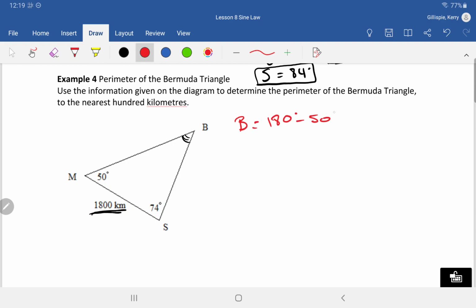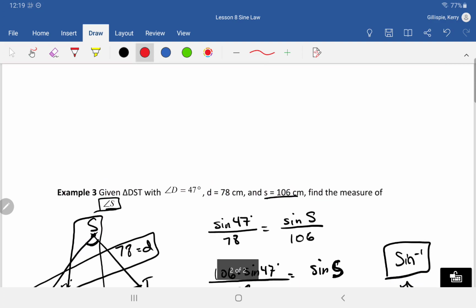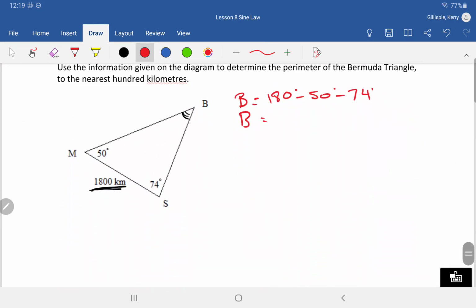180 minus 50 minus 74 is a 56-degree angle. And now we have capital B and lowercase b.